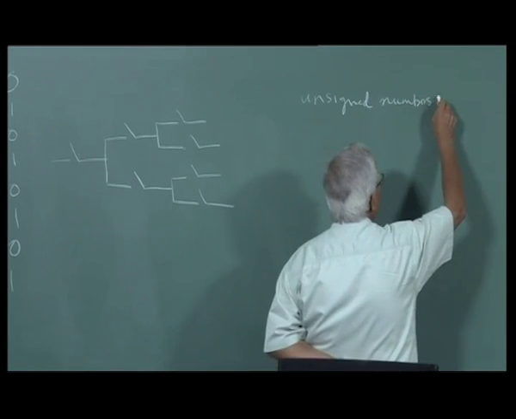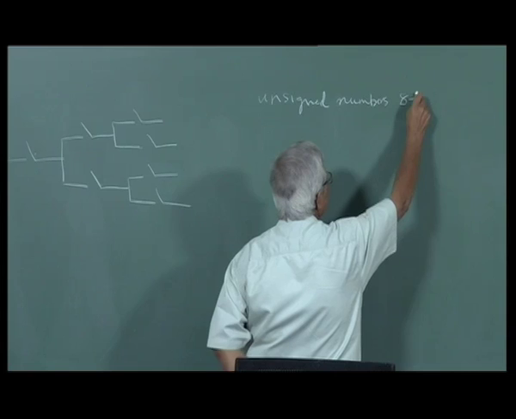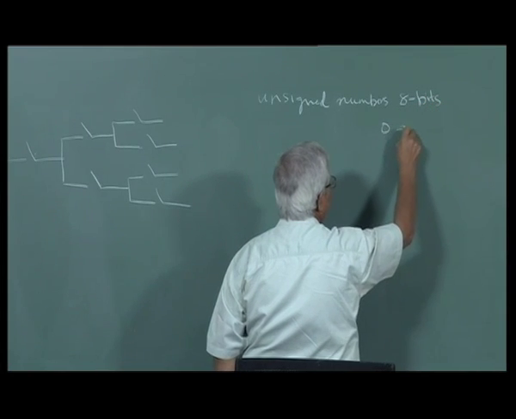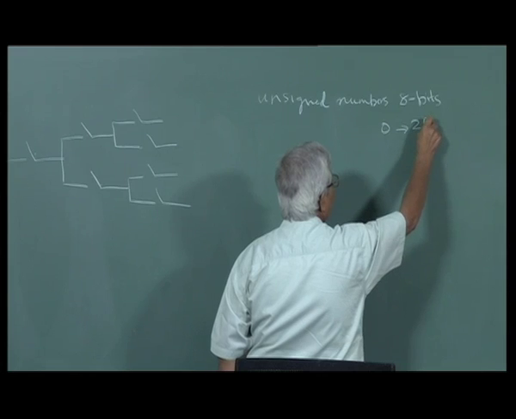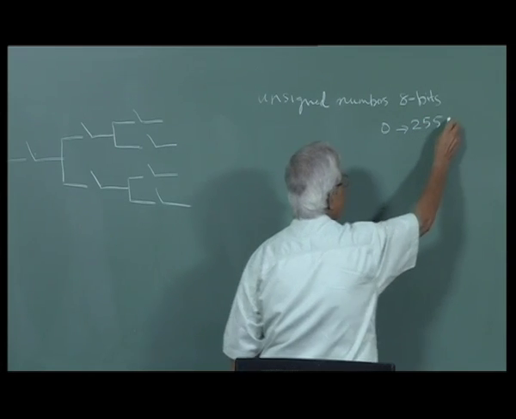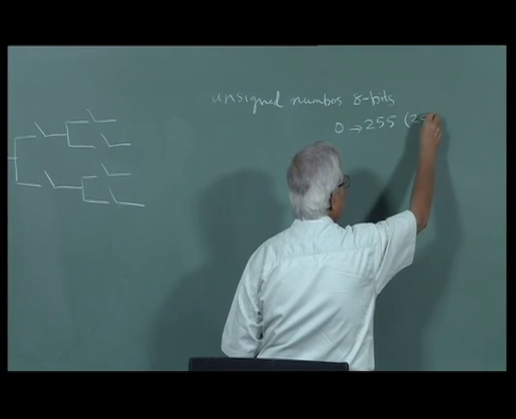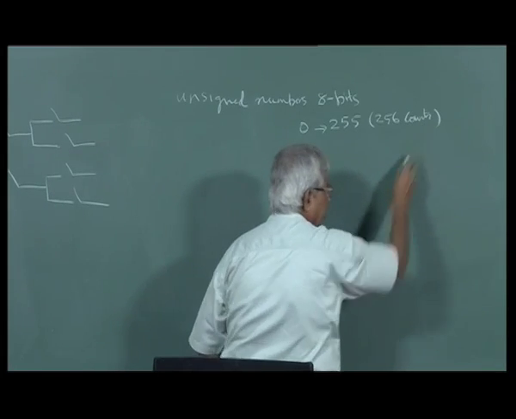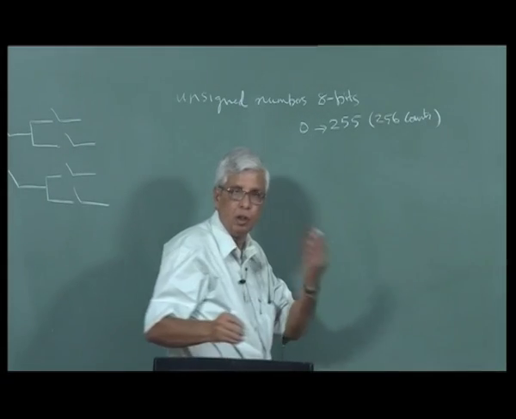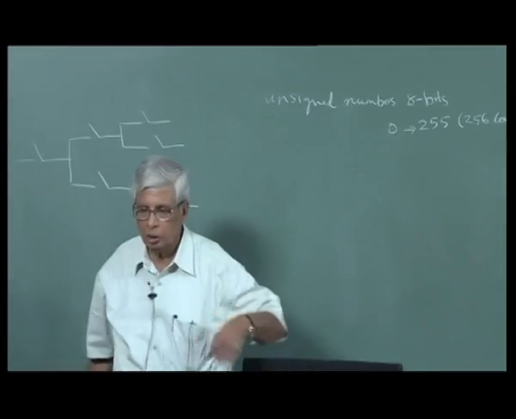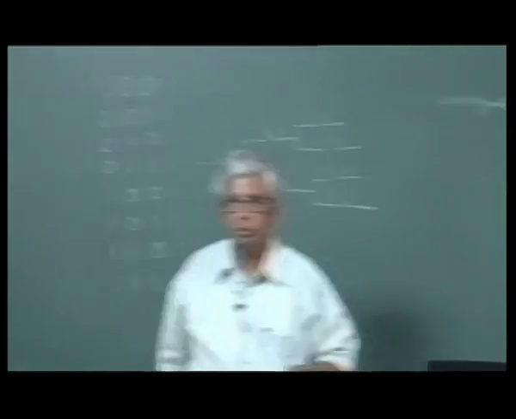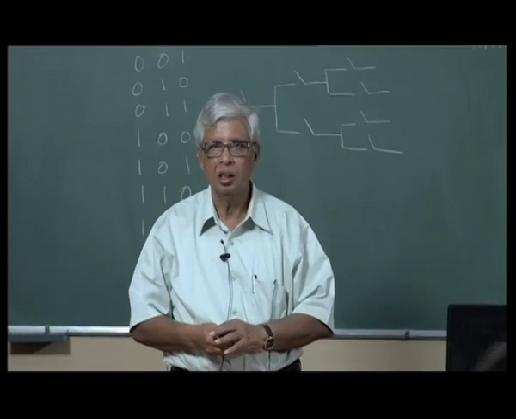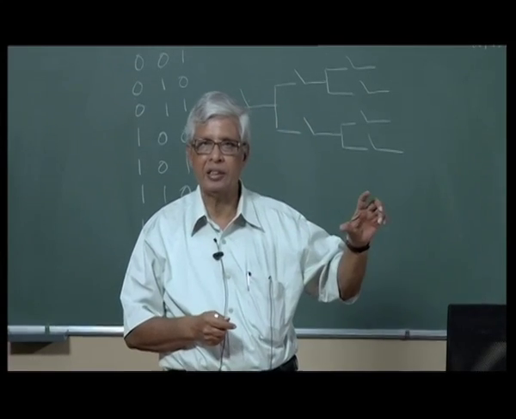If you have 8 bits, you have 0 to 255, 256 levels, 256 counts if you want. I can use a counter. Suppose I want to count the number of people coming into a hall. I need to know how many people are expected, what is the capacity of this hall. That determines the number of bits.